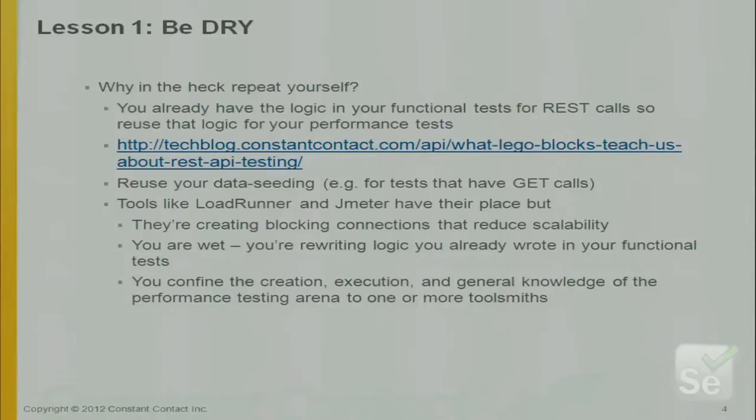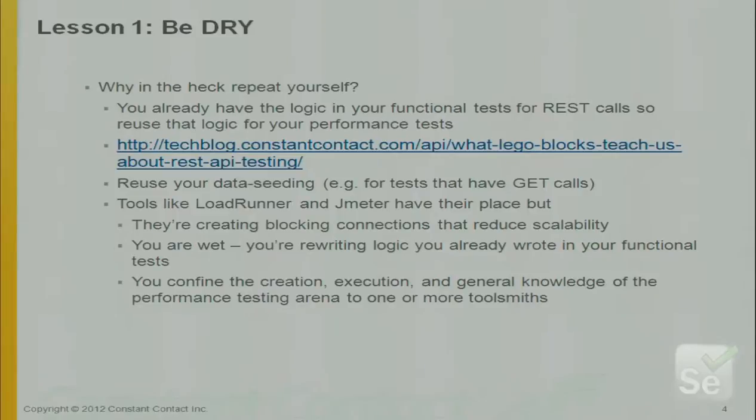So what do I mean by that? Well, as good automation test engineers, you know the DRY principle, don't repeat yourself, where when you're creating code, you don't want to duplicate the same code over and over again within a class, within a method, across classes. But I want you to take that principle and apply that across your different testing domains.